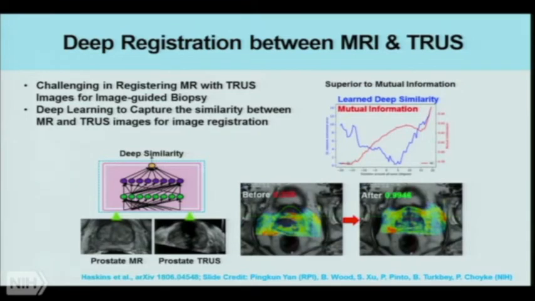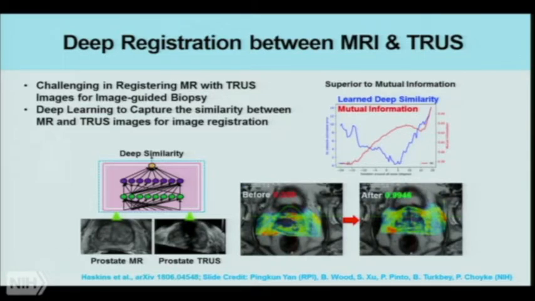And then not only that, we say multi-model data set. The multiple model data set could be obtained on hybrid scanner. And also we could use deep registration to fuse relevant imaging modality data sets. So this slide was kindly offered by my colleague Ping-Kun Yan, and I think he is also in the room.